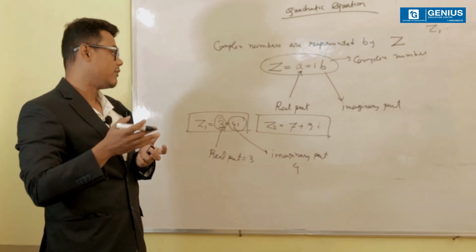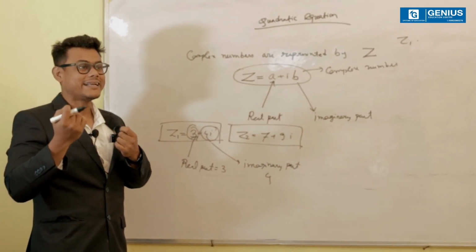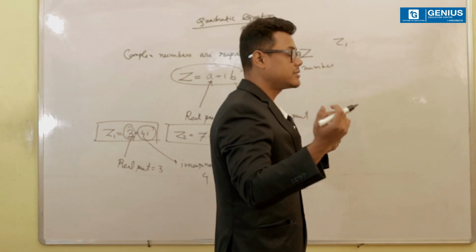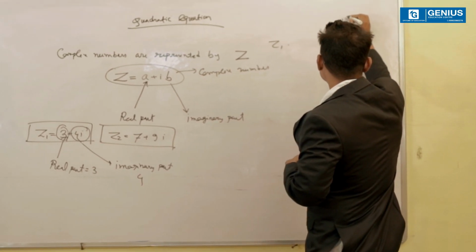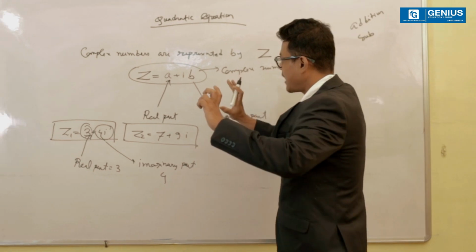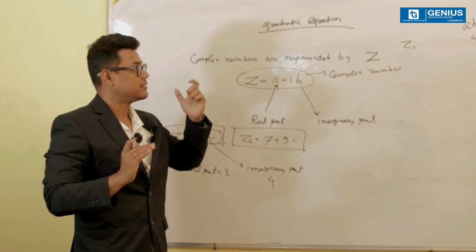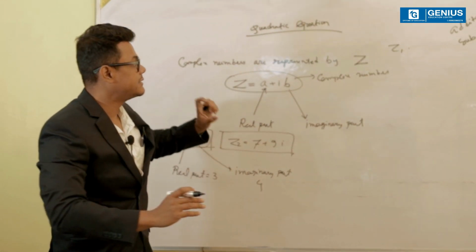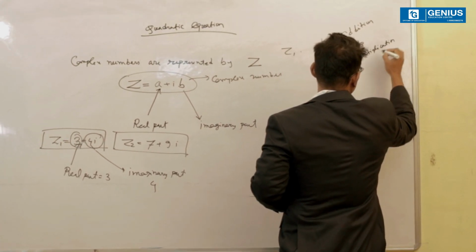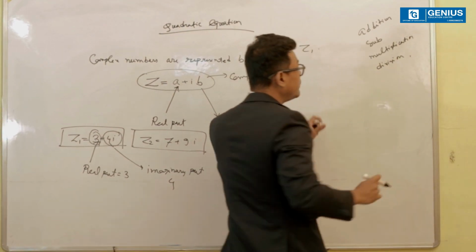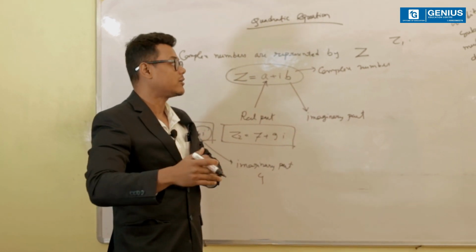In the next part of this class, we will learn how to do the general algebraic operations of complex numbers like addition, subtraction, multiplication and division, as we did for the real numbers. And this is very important because you will be asked to do all these operations in your exams or in your next chapter of complex numbers.